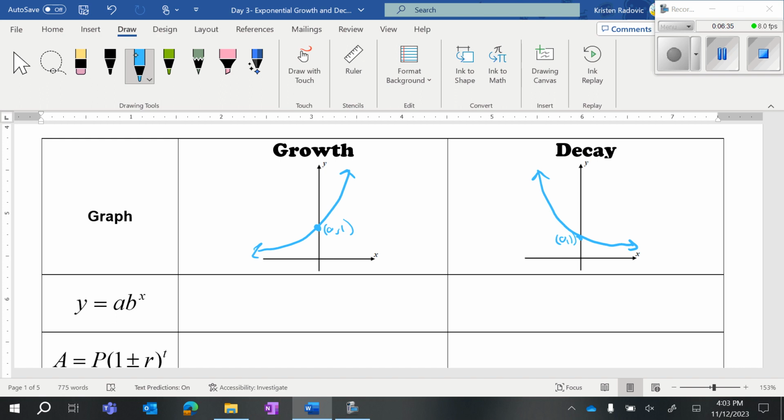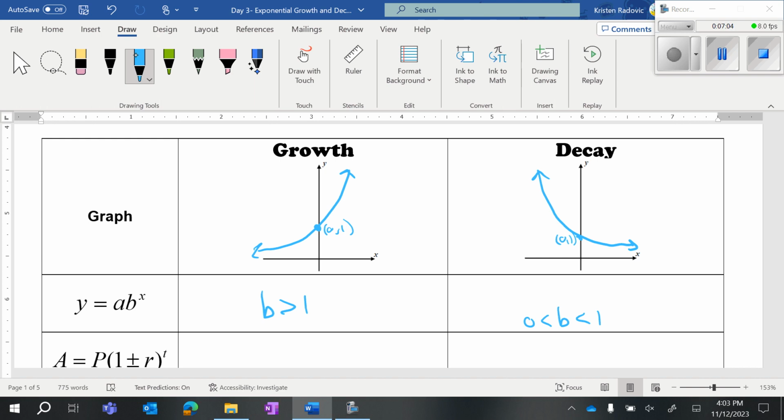Anyway, if you have y equals b to the x, your growth is if your b is greater than 1, and your decay is if your base is between 0 and 1. If you're equal to 1, then that doesn't actually do anything.